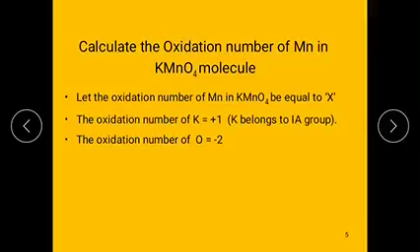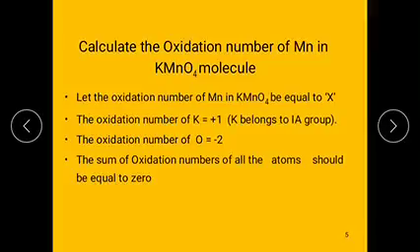And the general oxidation state of oxygen is -2. Then the sum of the oxidation numbers of all the atoms should be equal to 0.